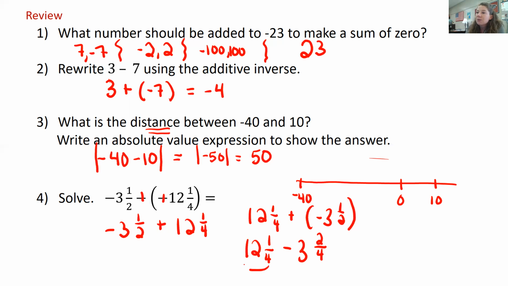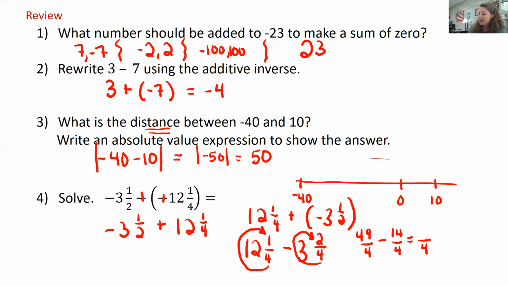You remember how to do improper fractions. You go around the world. 4 times 12 plus 1: 4 times 12 is 48, plus 1 is 49. So 49 fourths minus, we go around the world, 4 times 3 is 12, plus 2 is 14. We subtract those numerators, and the denominator doesn't change.